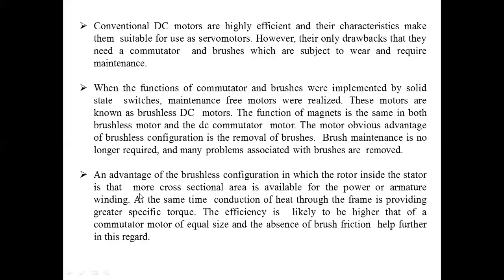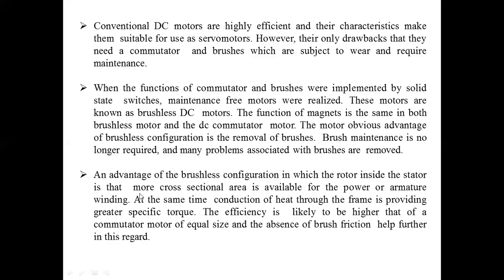So from an economical point of view, using electrical vehicles gives high efficiency, because fuel rates are increasing day by day.